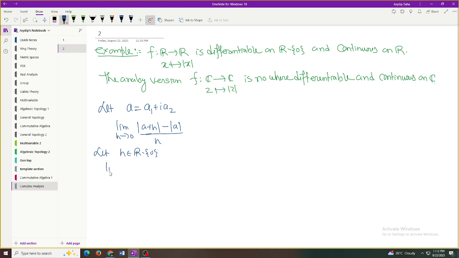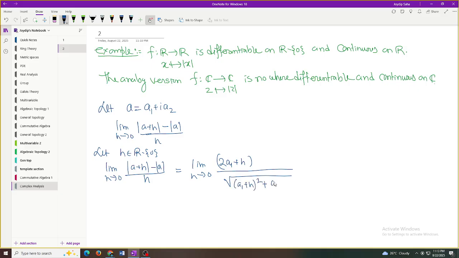Then the limit involves a1 square plus a2 square.